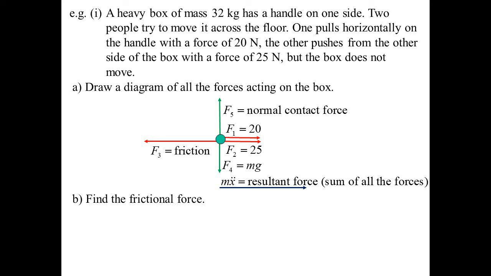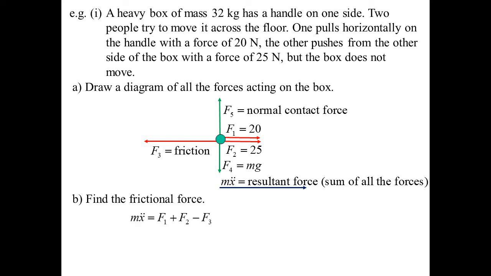I am defining the resultant force to be going in the direction I would like the box to travel. I mean, the box is stationary, but that's the direction I'm trying to push it. The resultant force is not a force. So you don't put the resultant force on your force diagram. It's the result of all the forces.